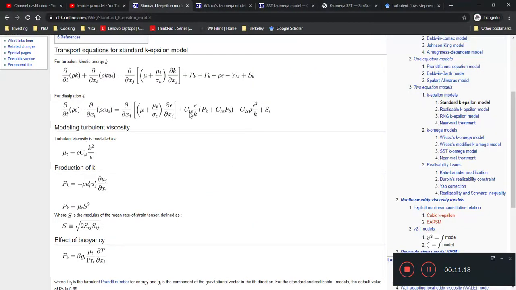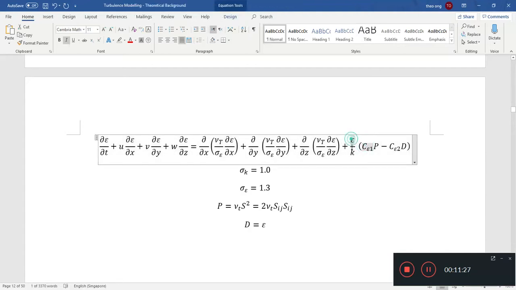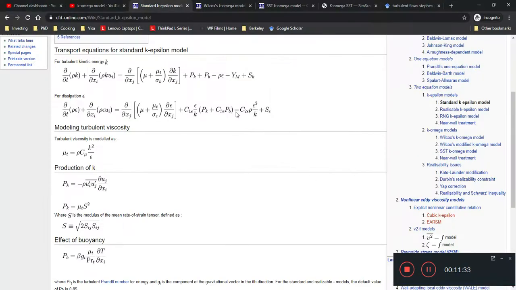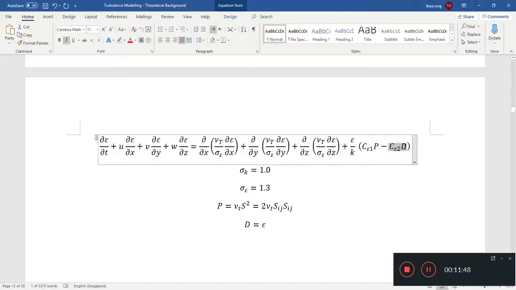In the epsilon equation, we have again C1 times epsilon over k, the production term, and then C2 epsilon over k, the destruction term. Where you will see the C2 epsilon, it's over here: C2 epsilon rho epsilon squared over k is the same as this term here.